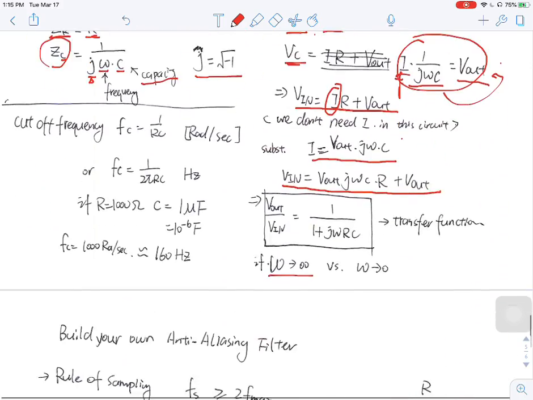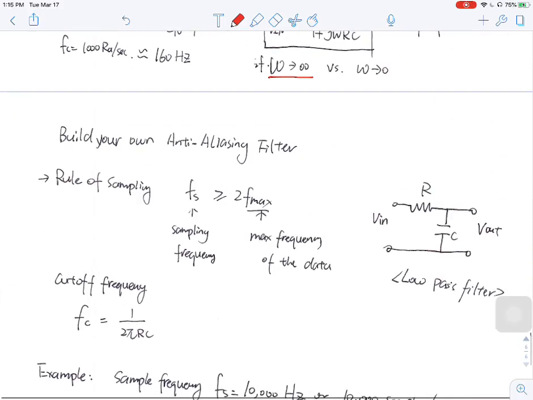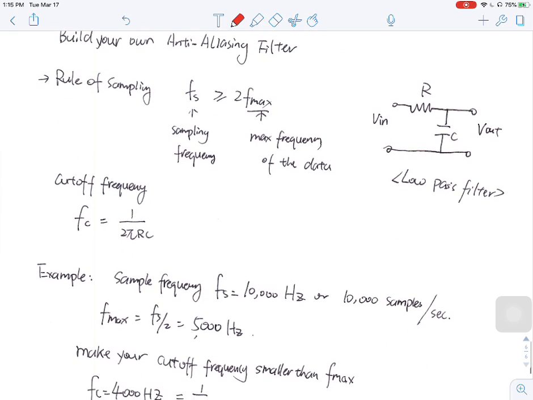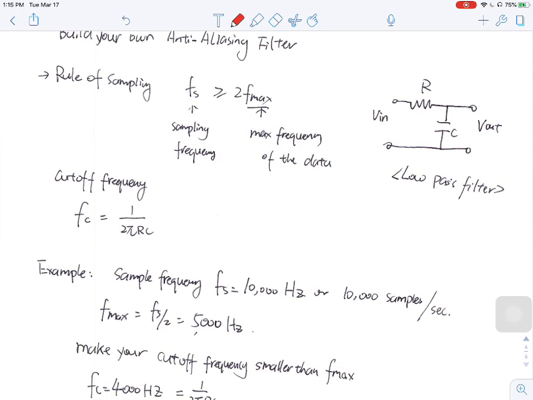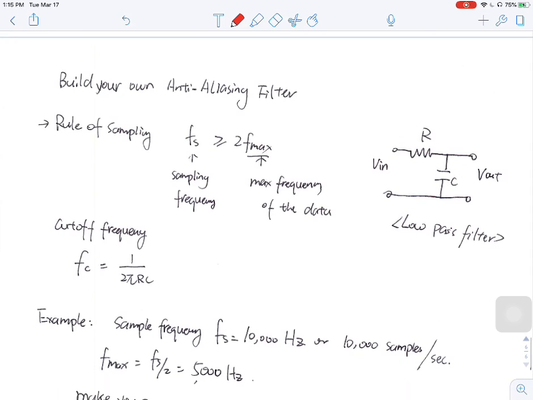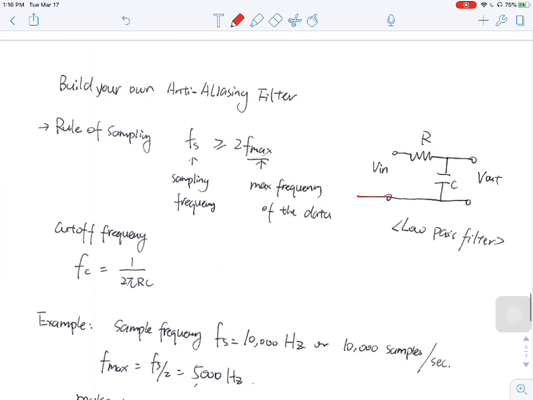Okay, let's move on. Now let's do a quick practice. Build your own anti-aliasing filter, which you can also call build your own low pass filter. And if you remember, last week we mentioned the rule of sampling, that is the Nyquist-Shannon theorem.